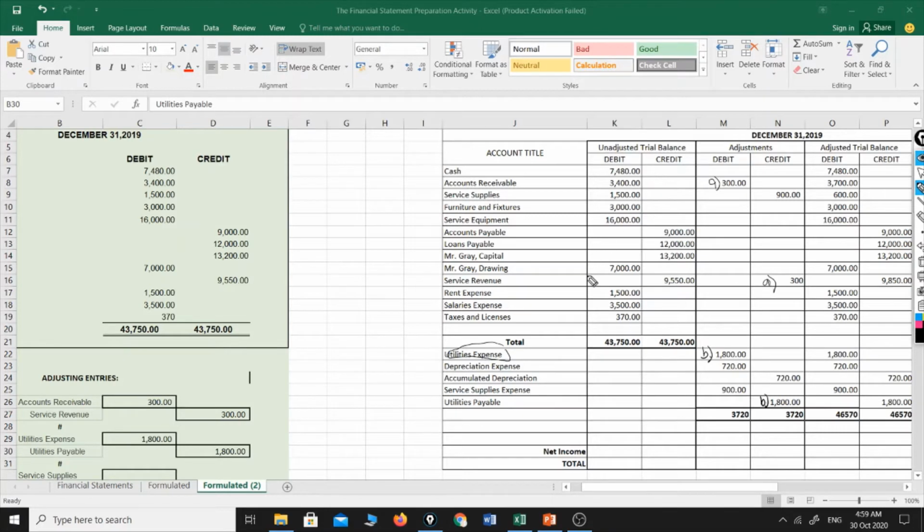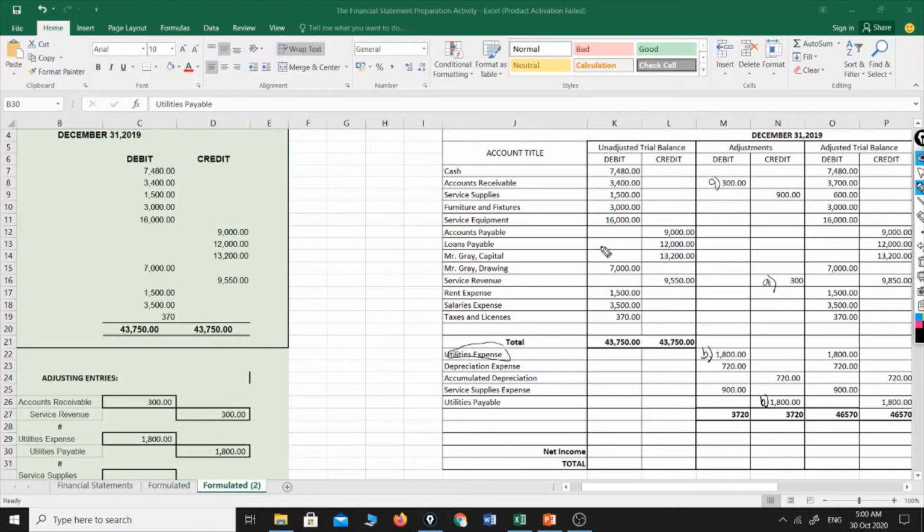So for adding these account titles, it may be in any order, whichever is more comfortable for you. So for me, I want to arrange it according to what type of financial element it is. Like for me, it is much easier to have all expenses first, then whatever additional liability or asset account that I need to have.